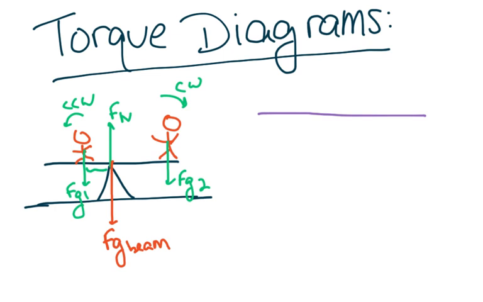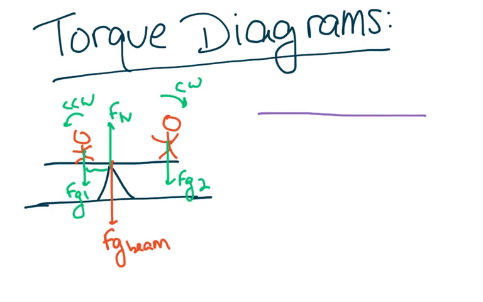If it was not a uniform mass, then it wouldn't be in the middle. It would still be at the center of mass, but wherever the center of mass was. They would either tell you that or give you enough information for you to figure out where the center of mass was, okay?